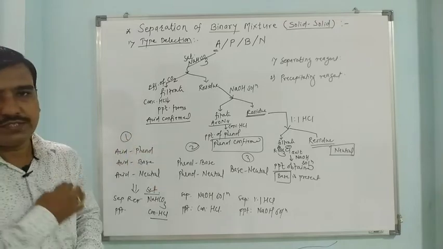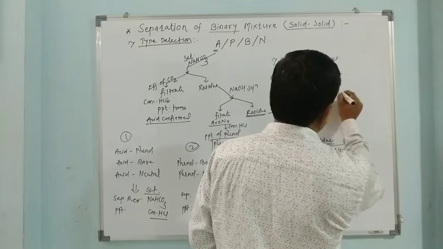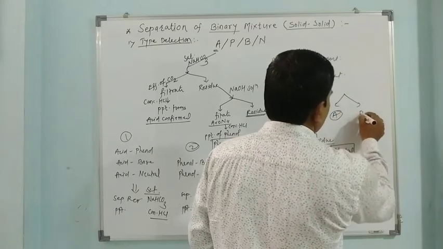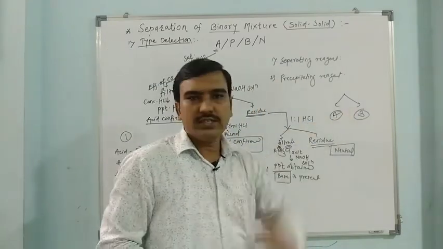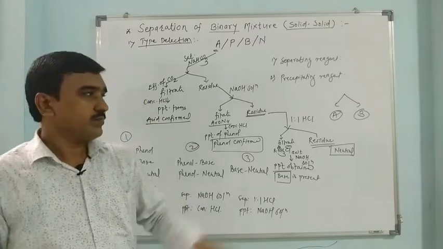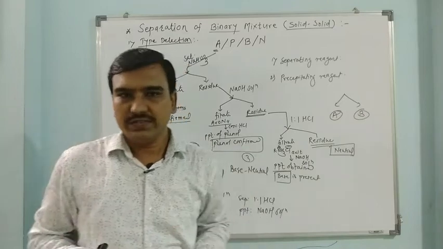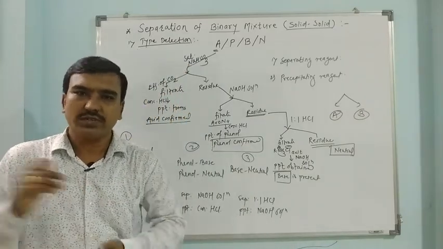Now after the separation, we get two components, component A and component B, or first component and second component. In this practical course, only one of the components should be identified and for the other only the physical constant and weight we have to report.